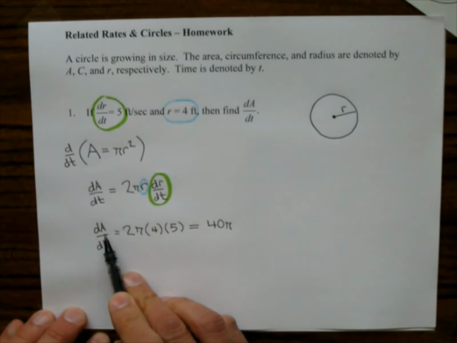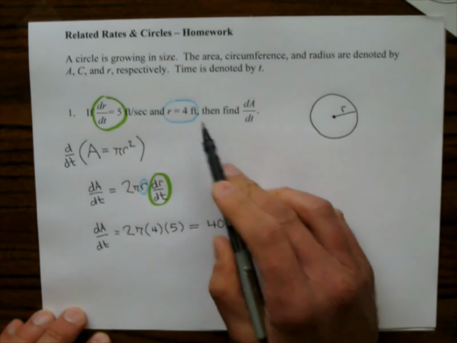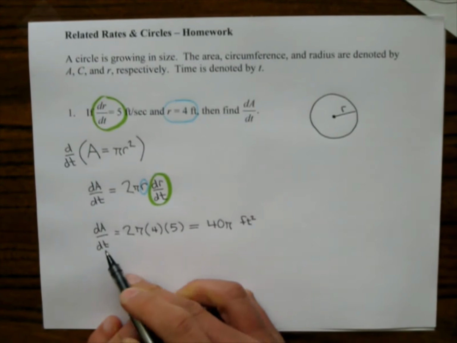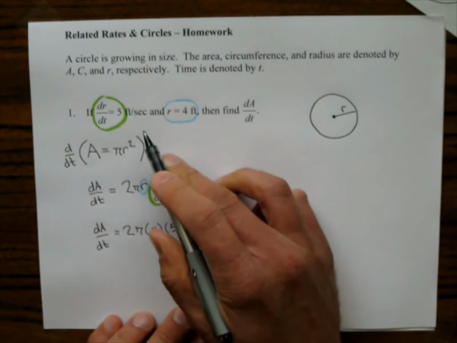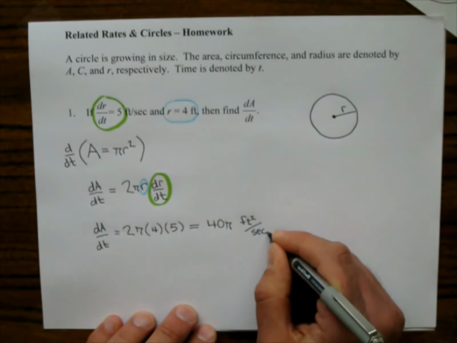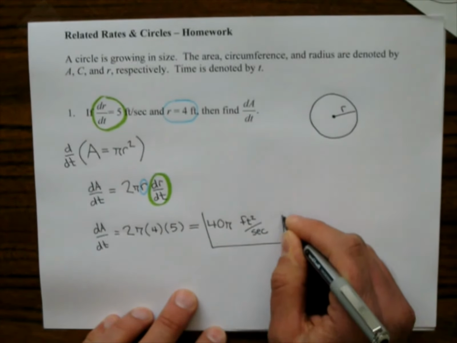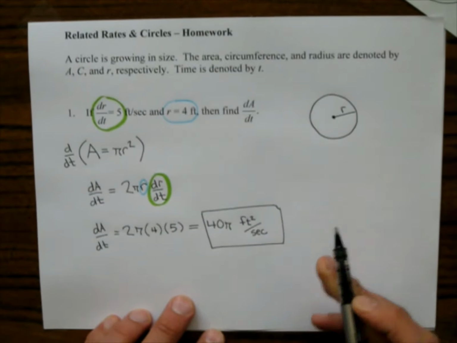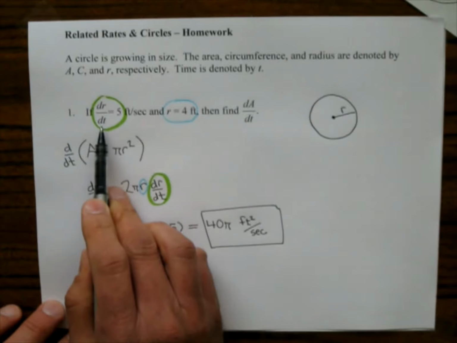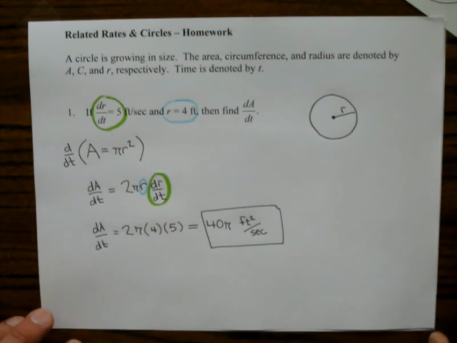So the area, and we're looking at feet here, so we're going to say the area is feet squared over the time that we're using, and in this example, it looks like it's seconds. Notice that's what we have here. The radius is measured in feet, and the time is measured in seconds. And so we've just done our first real related rates problem.